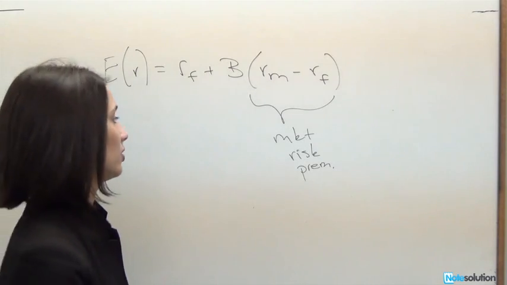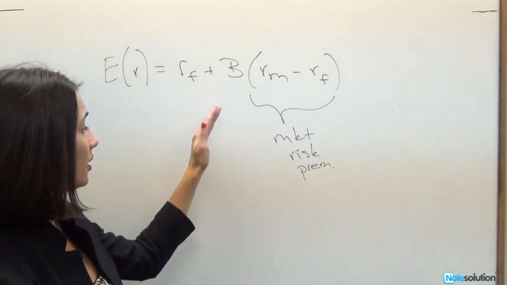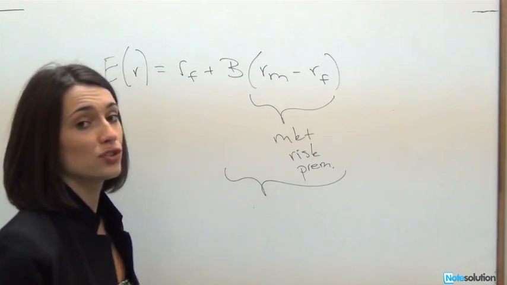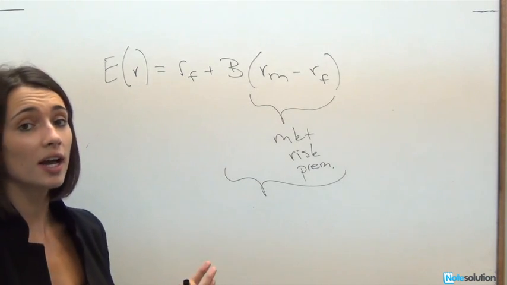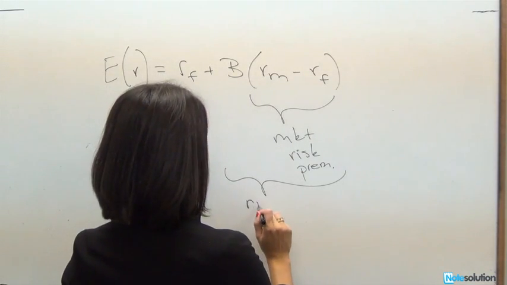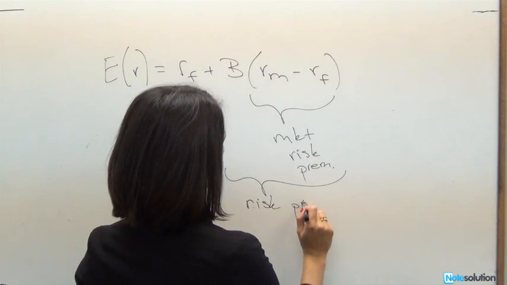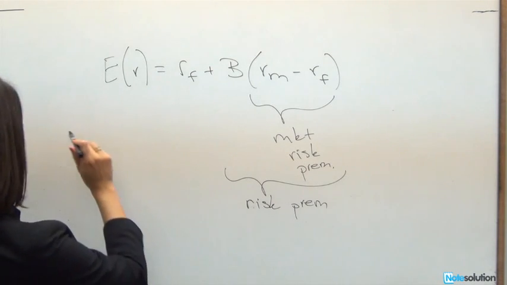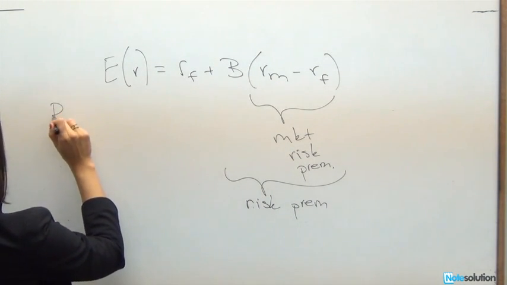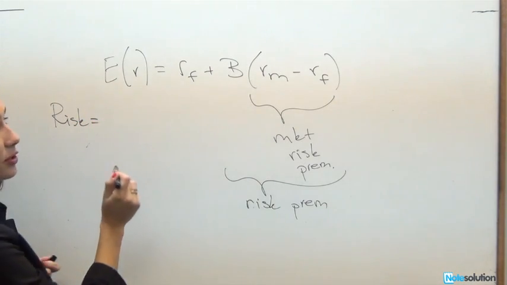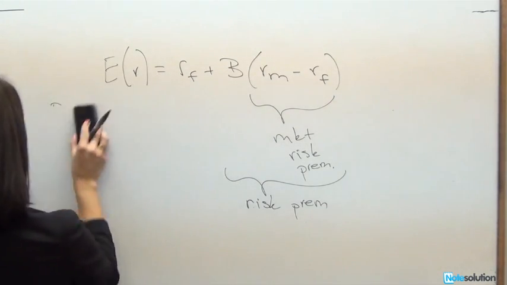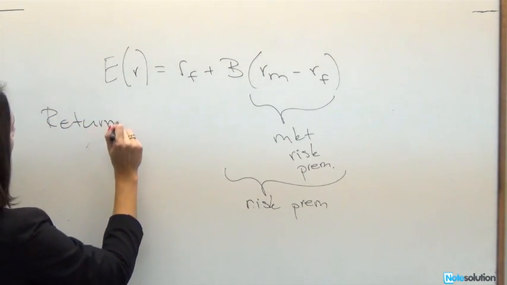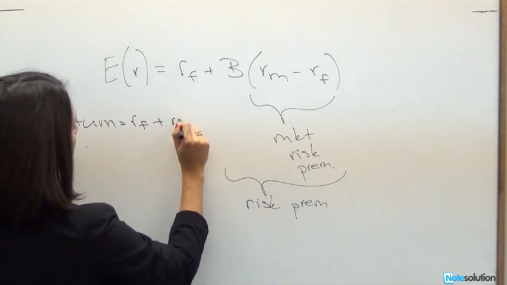The other thing you have to know is that if you take beta times the market risk premium, beta times (RM minus RF), you arrive at your total risk premium. This goes hand in hand with what I just showed you before, and I'm going to write it out again: your return is made up of two things, your RF plus the risk premium.